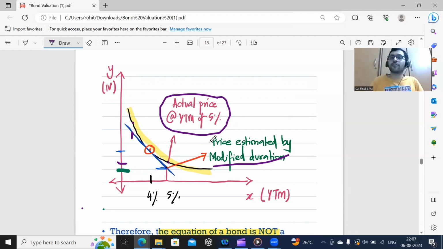After introducing the convexity adjustment, are we estimating the absolutely accurate price on the graph? The answer is no. The price is still an estimate, but it is very, very close to the violet line, and therefore we ignore the differential. We say the price estimated after the convexity adjustment is as good as the price on the curve itself.